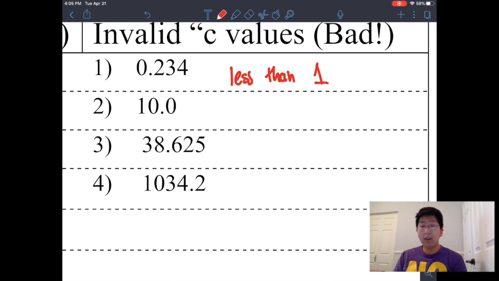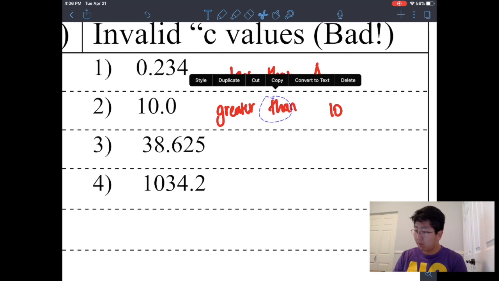10 is not a valid C value. It's invalid. It's bad because it is not less than 10. So another way we could write that, let's just actually write, it's greater than or equal to.